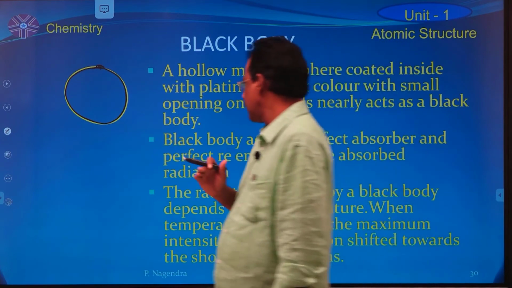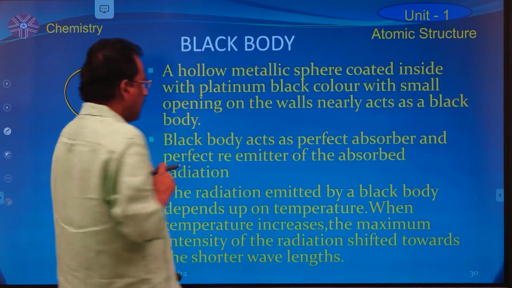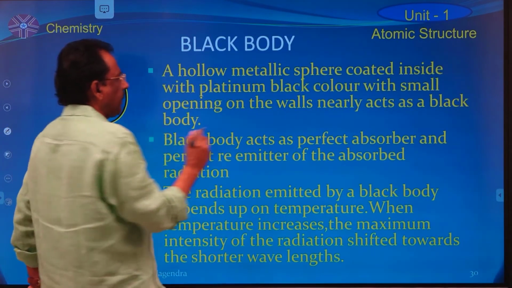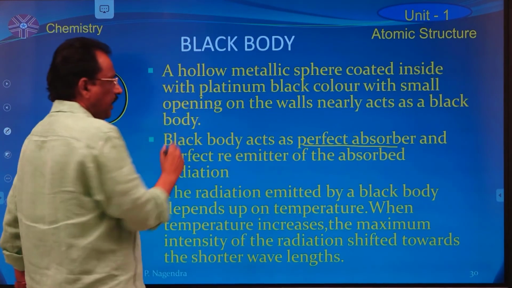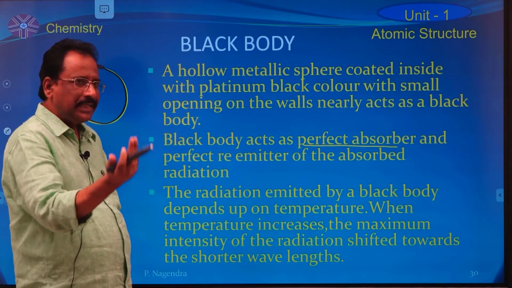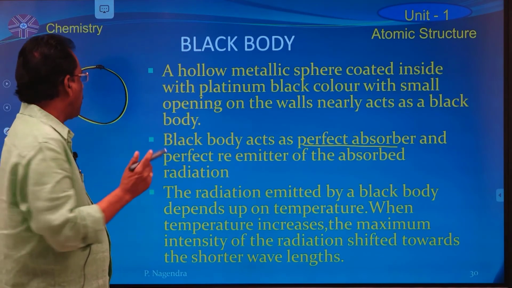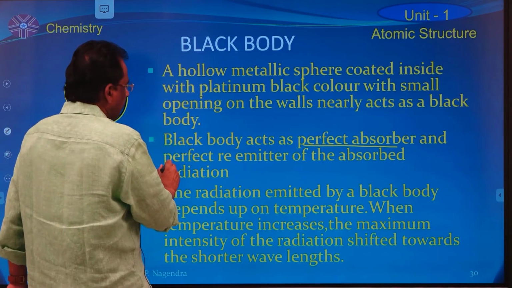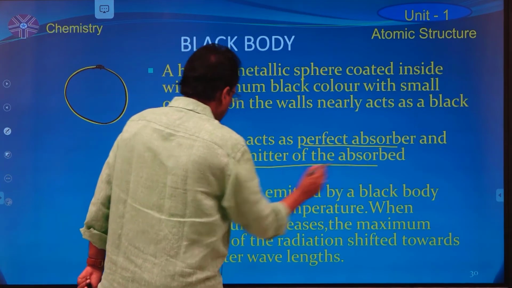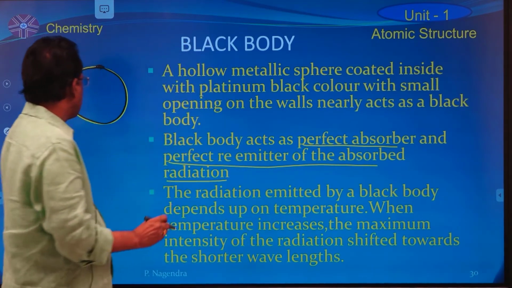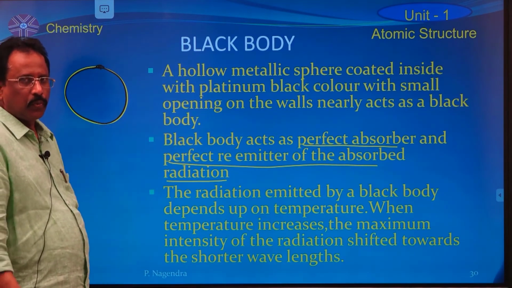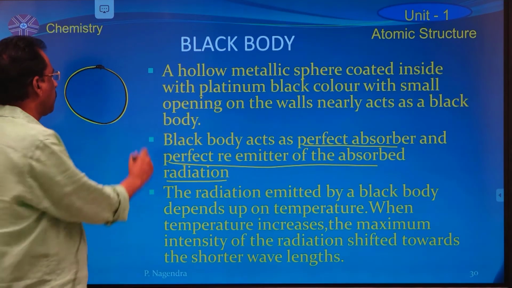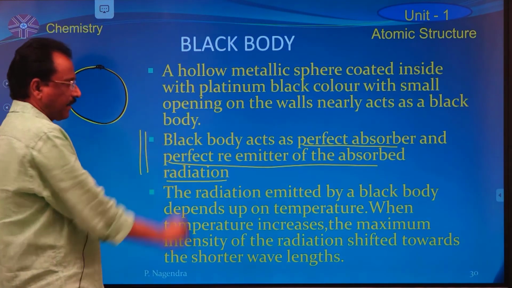That means a black body acts as a perfect absorber. It absorbs all the incident radiation, and it re-emits the absorbed radiation through the small aperture, that means the hole or opening. That is the application of a black body.